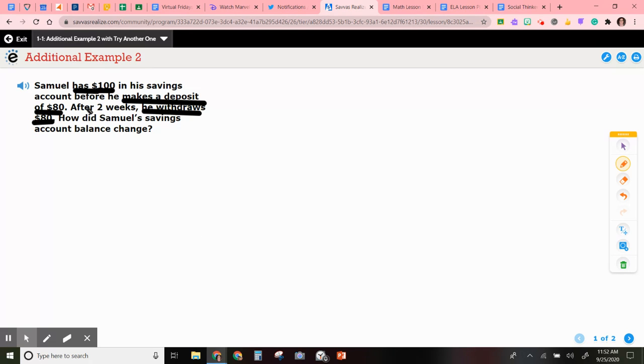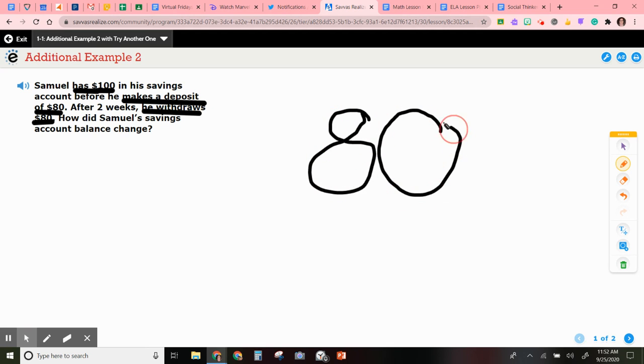So even without thinking about how much he started with, we can see that he's making a deposit of $80. So that's going to be positive 80. Okay? Would you agree with that? Make a deposit, that's positive 80. And we don't need to put a positive sign, right?